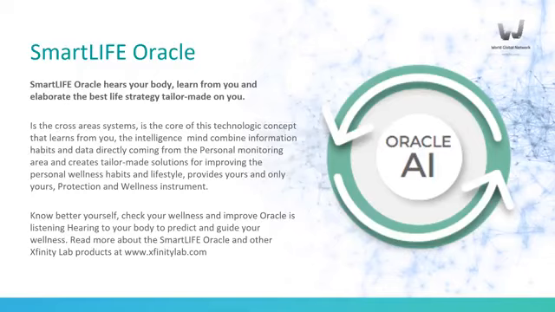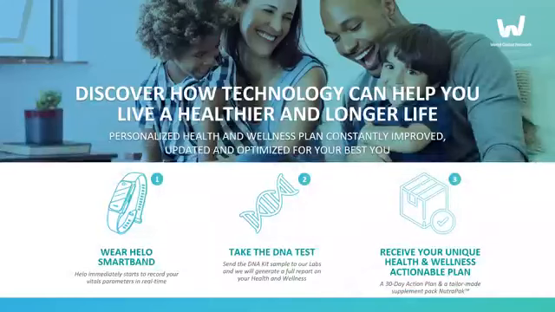So the more the Oracle has, the more precise the recommendations and solutions you can get from the Oracle. It's an extensive list of algorithms or formulas made in a computer, for the computer to decide and get whatever is best for you. So thanks to the Oracle, we can assist you to improve and gain health.